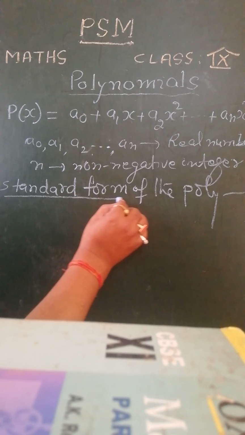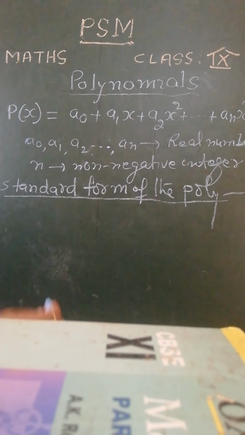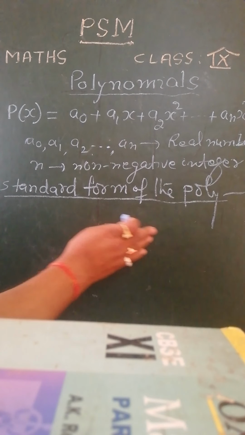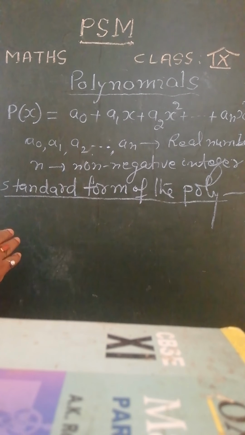If the polynomial is expressed in such a way that the powers of x are in increasing or decreasing order, then we can say that the polynomial is of standard form.